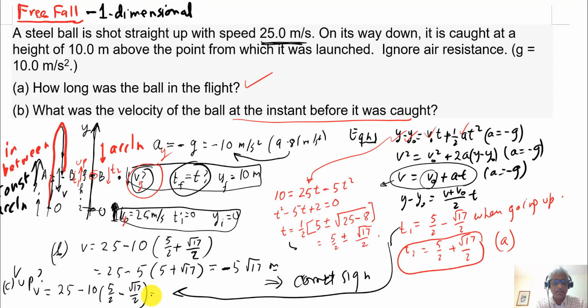And so this will be 5 times the square root of 17 meter per second. This will be plus, because when it's going up it's in the same direction as the positive y-axis. When it's coming down, the direction of the velocity is opposite to the y-axis, so we expect negative, and so that is B.